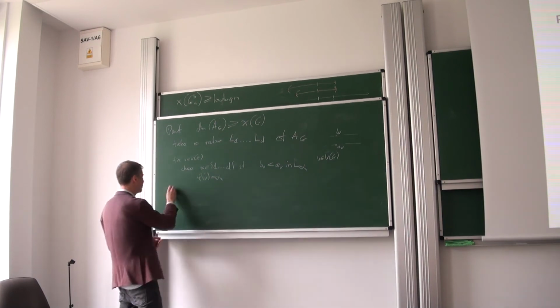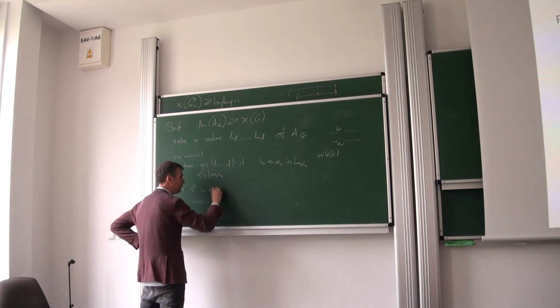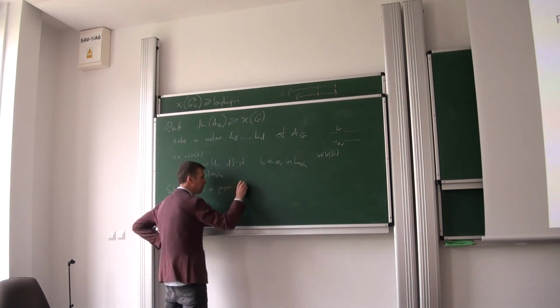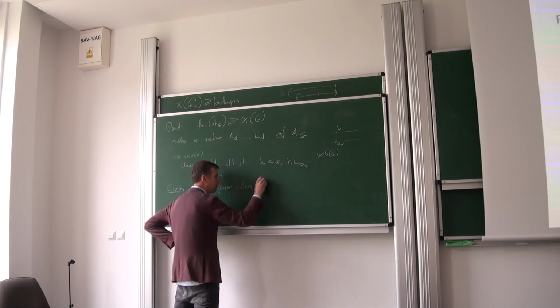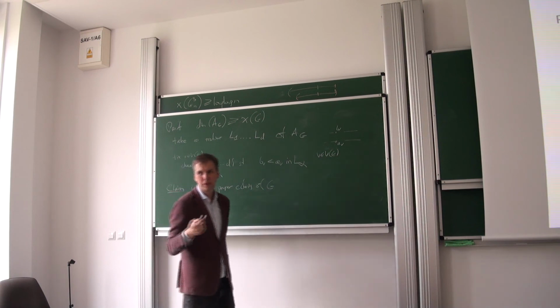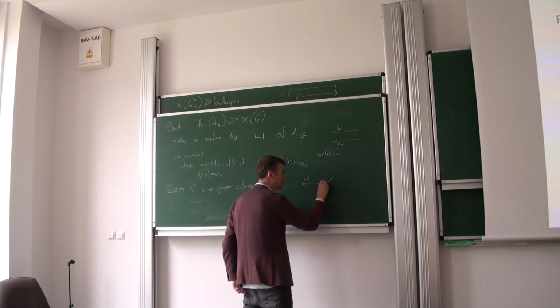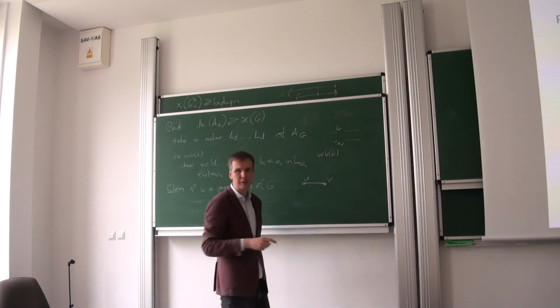And now the claim is that phi is a proper coloring of G. In order to see it, you need to take two adjacent vertices u and v, and you need to argue that they have different colors.